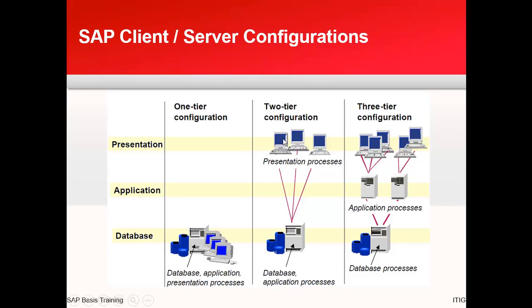In the center, the two-tier configuration has presentation processes, and at the bottom both database and application processes. In the three-tier configuration you have the presentation layer, application process, and database process all separate.